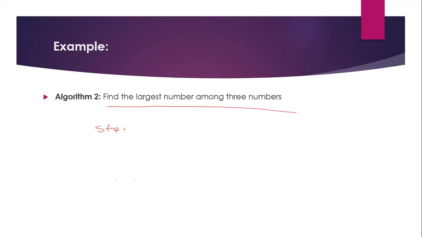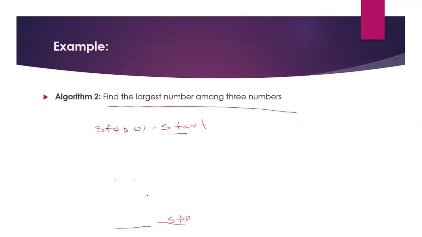So our first step is start. You should remember, if you start, we want to stop it as well. I don't know what step that will be, but I should remember that if the solution starts with start, then it should end with stop as well.